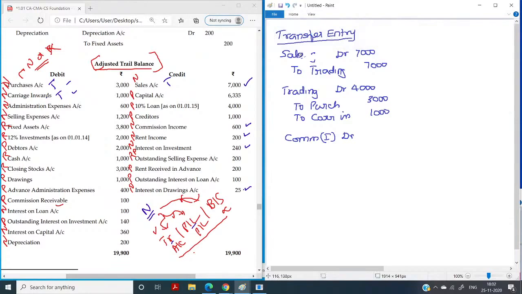Clear? Okay, thank you. Commission income debit, and then rent income debit, interest on investment debit, and one more item, interest on drawings debit, the values being 600, 200, 240 and 25, and collectively it will be transferable to the credit side of the P&L account.